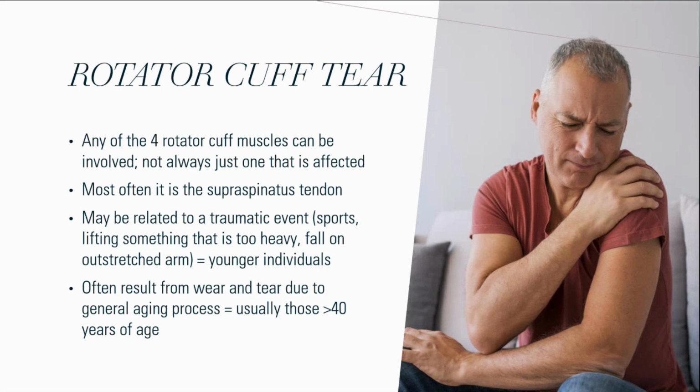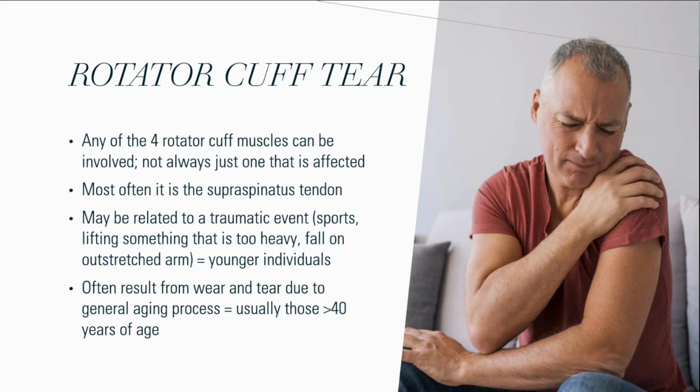Tears can be due to trauma, so it could be from a sports injury, lifting something that's too heavy, falling onto the shoulder, or falling onto an outstretched arm. But these things tend to happen a little bit more in younger individuals. So more often we'll see these in people under 40.